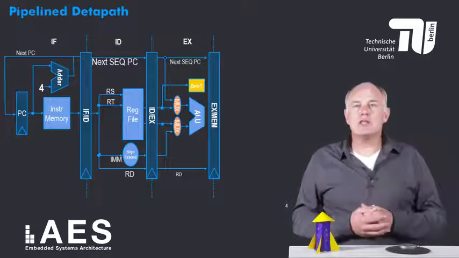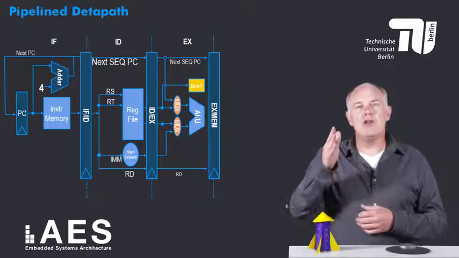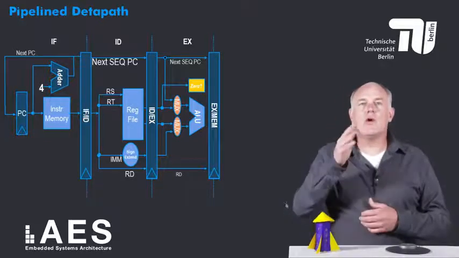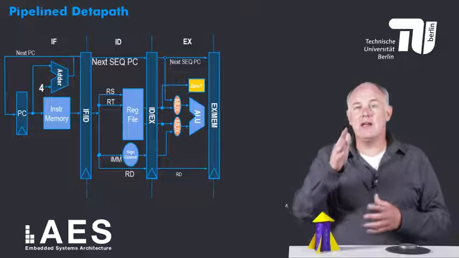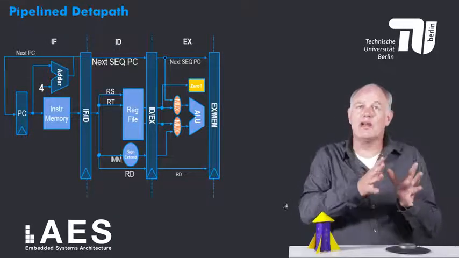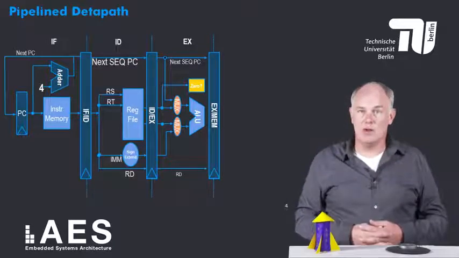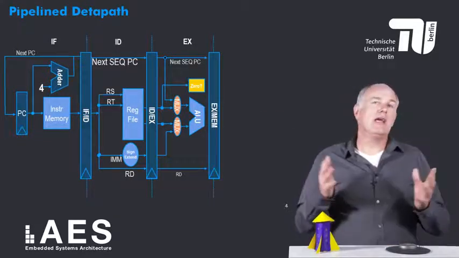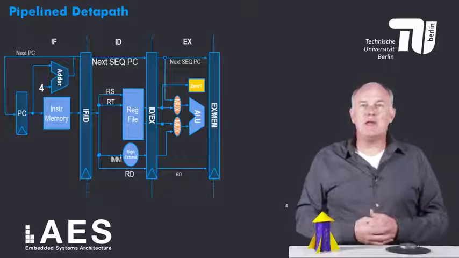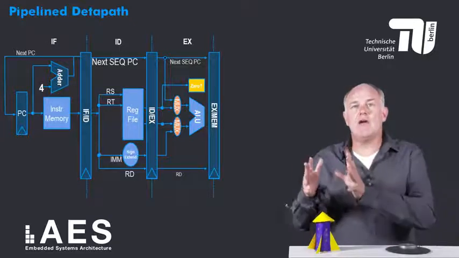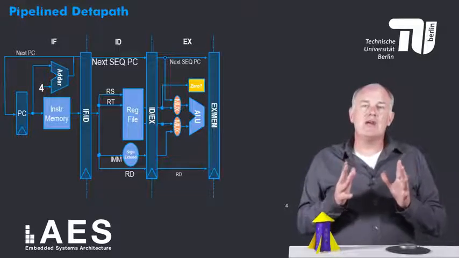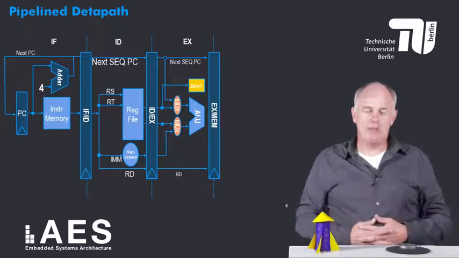At the end of the clock cycle, all intermediate results, the outcome of the 0 test, the ALU result, and also the contents of register RT, since this is the register to be stored in case the instruction is a store, are latched into the XMEM pipeline register. In addition, the next sequential PC and the destination register RD are also passed on from the IDX pipeline register to the XMEM pipeline register.